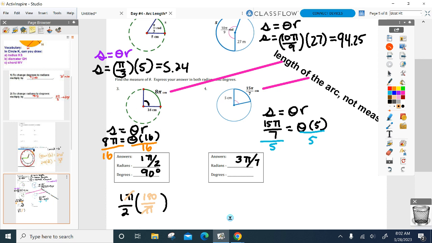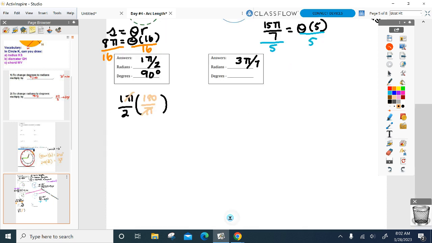And now we go to degrees. All it is to degrees is, you know radians, convert it into degrees now. You're going to have to round here, so I'll tell you nearest 10th for this one. So you take your 3 pi over 7, multiply it by what's on your reference sheet, 180 over pi.